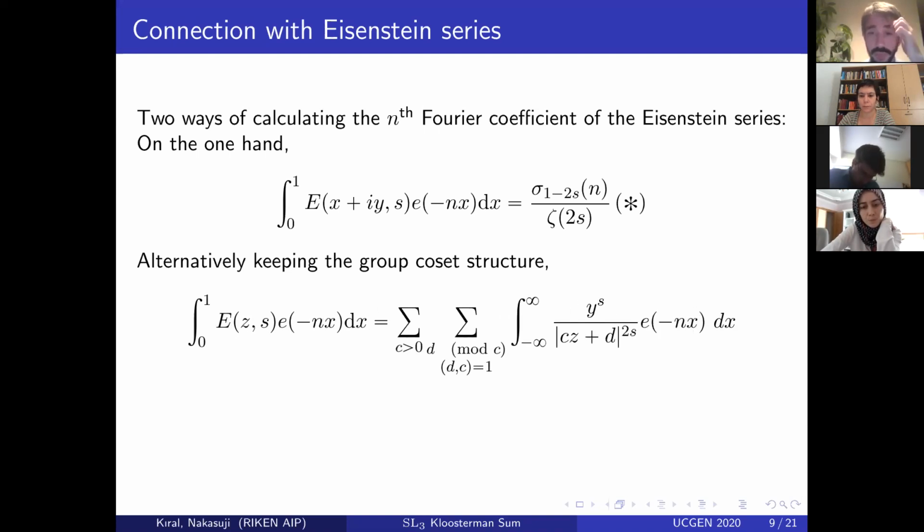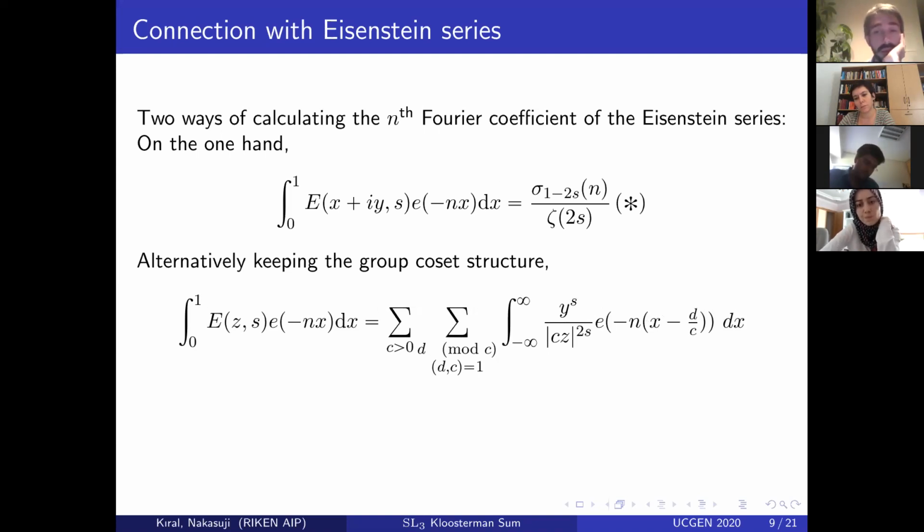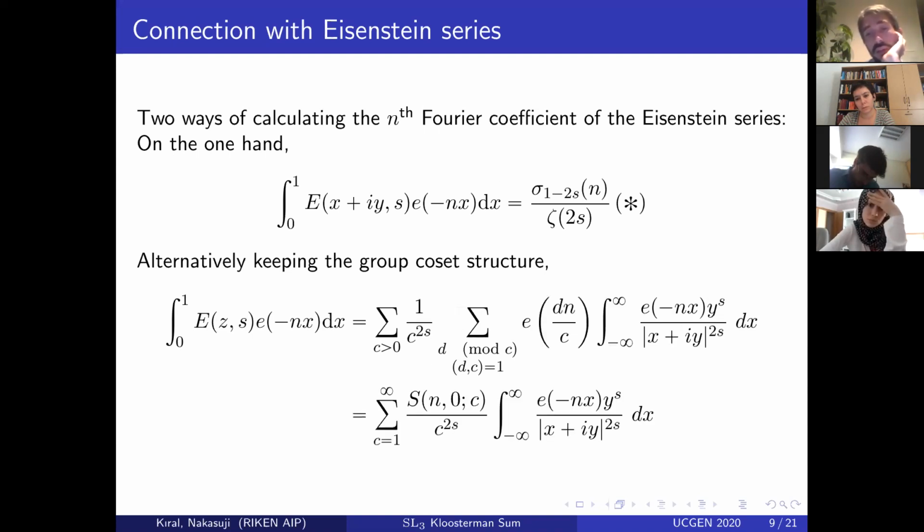So here's the move: x goes to x minus d over c. That changes the integral like this, and then I have e of dn over c coming up. And that is summing over all the d's modulo c that are relatively prime to c. That is exactly the Ramanujan sum.